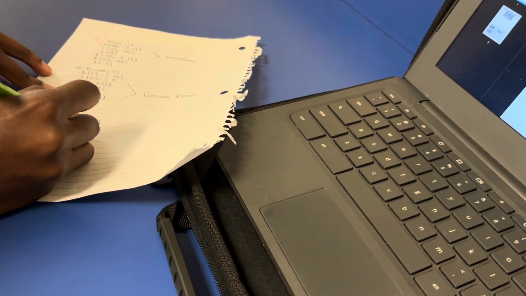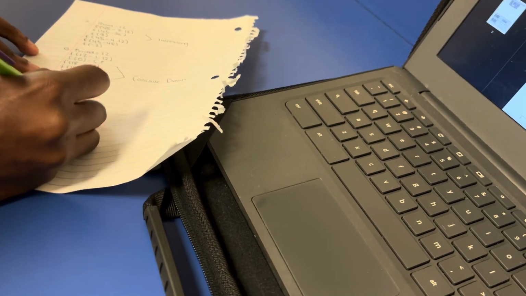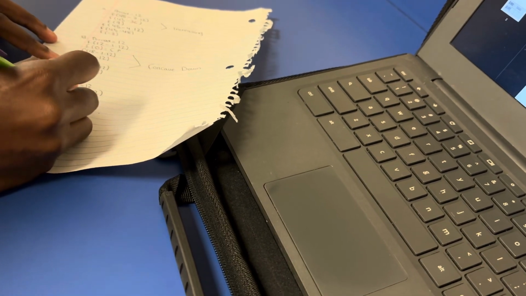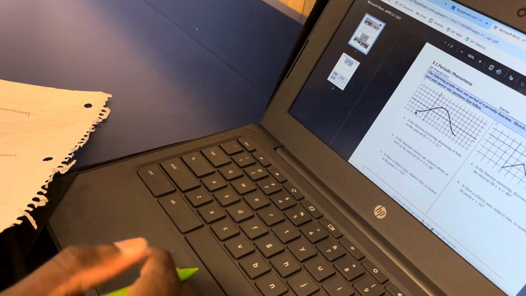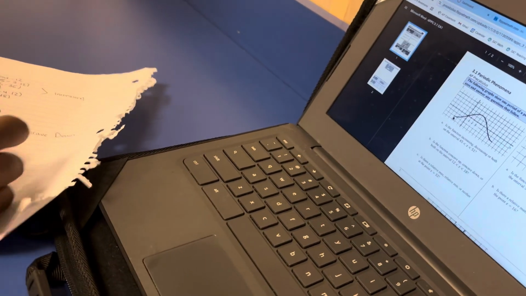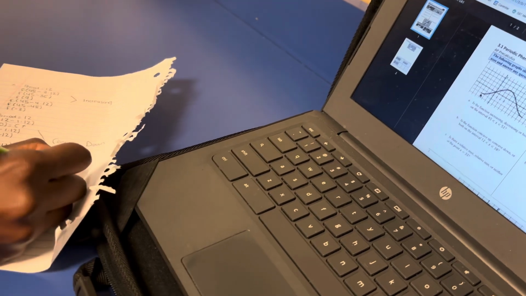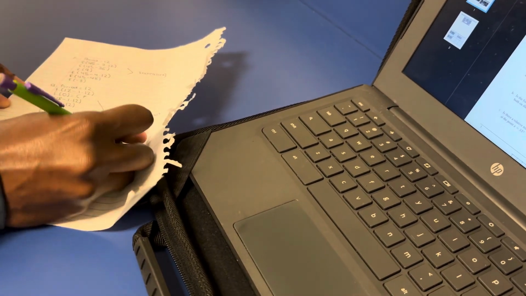So f of 33 minus 36 would be f of negative 3, which should be 1, 2, 3 right here, which would be the relative minimum. So that's a relative minimum.